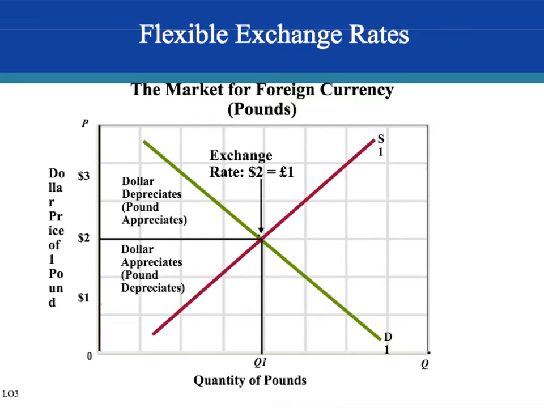Okay, so we have the demand for pounds, downward sloping. Why? Because over here on the vertical axis, we see the dollar price of 1 pound. So as the price to buy a pound decreases, then U.S. citizens will demand a higher amount of pounds in order to be able to buy British exports.